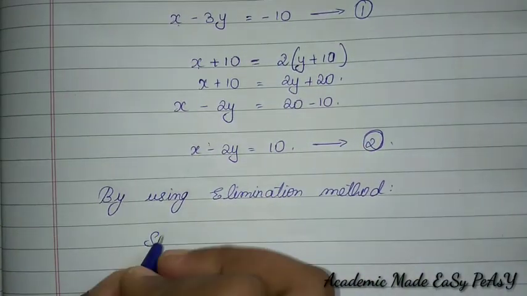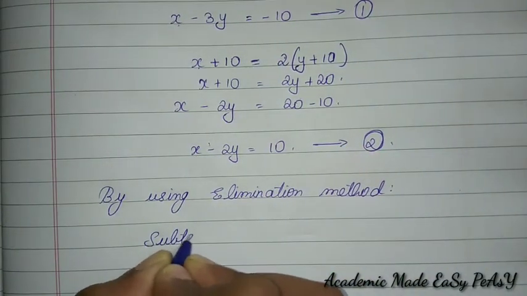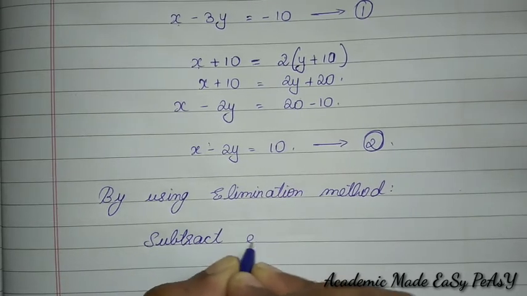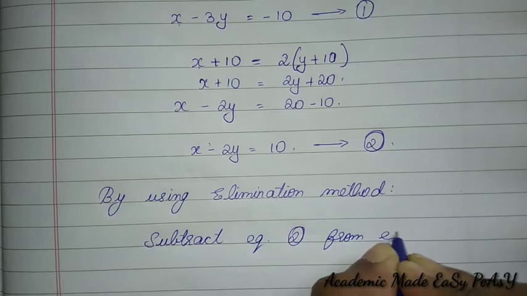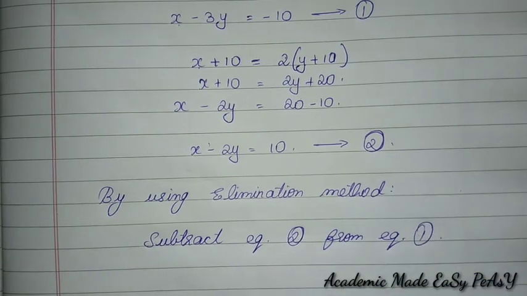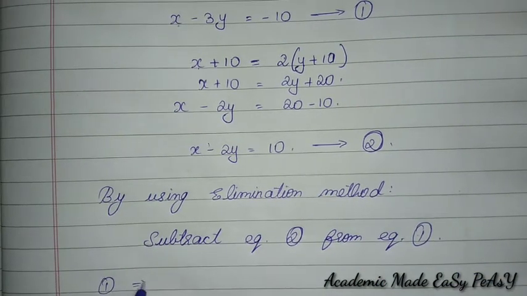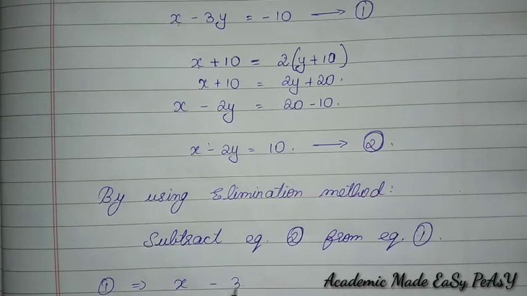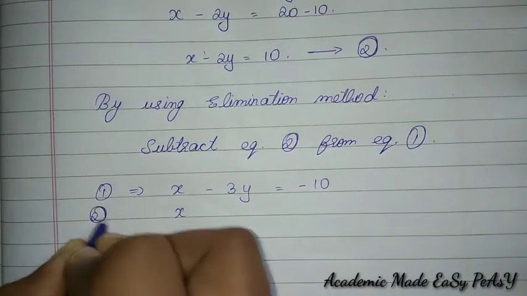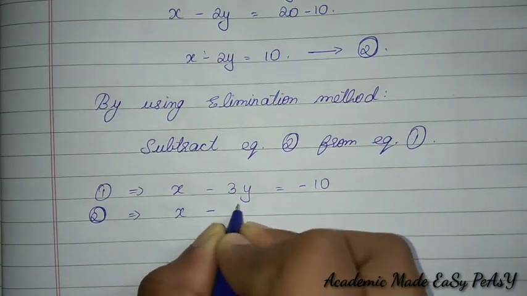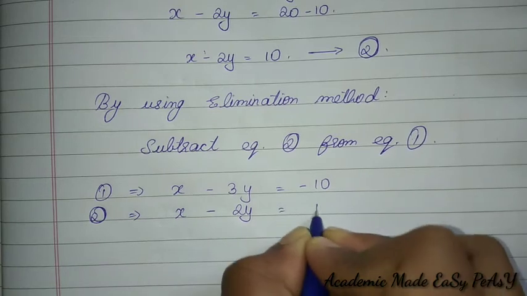So directly I will subtract equation 2 from equation 1. What is my equation 1 here? x minus 3y is equal to minus 10. And my second equation is x minus 2y is equal to 10.